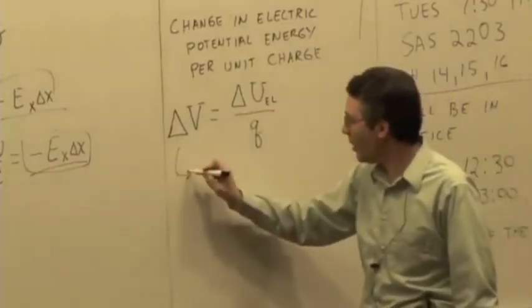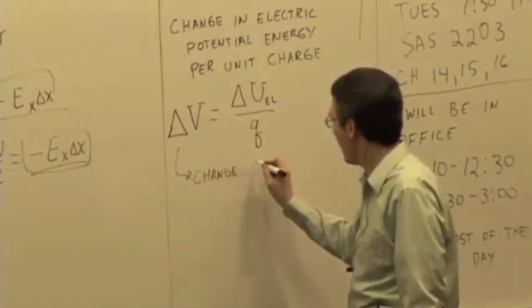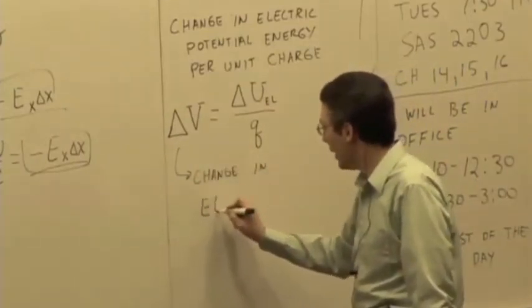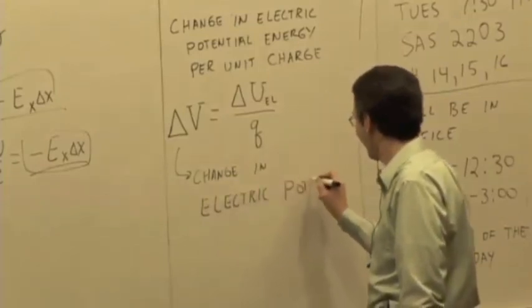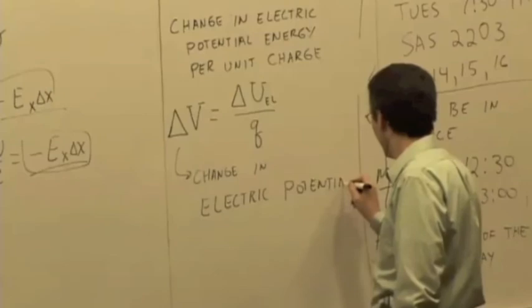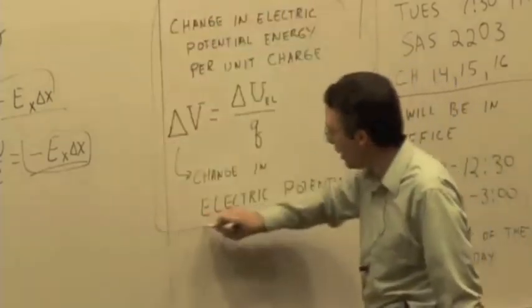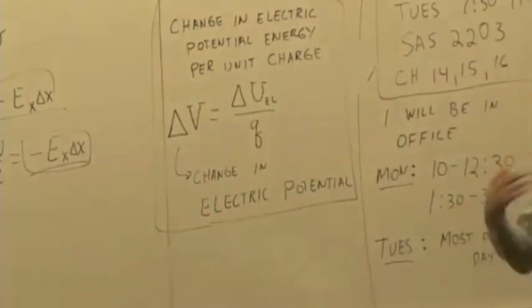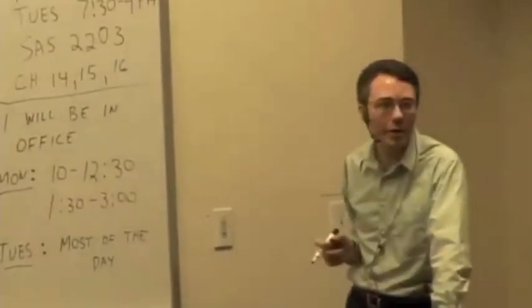And this thing is called the change in just electric potential. Okay. Kind of an unfortunate name. It's not potential energy. It's just potential. And when we say potential, we mean energy per unit charge. Okay?